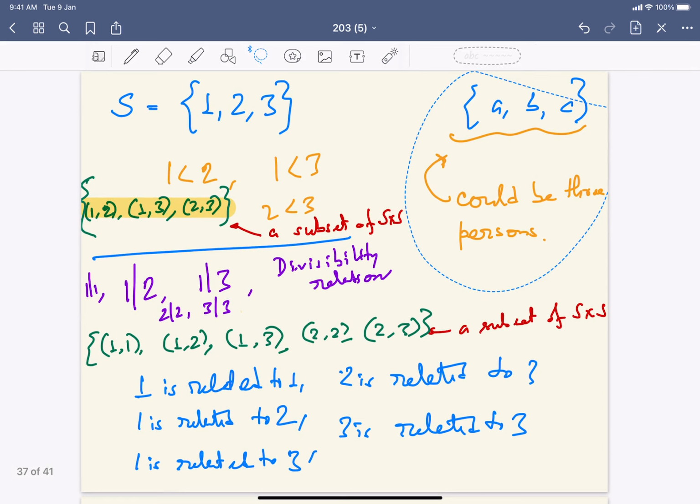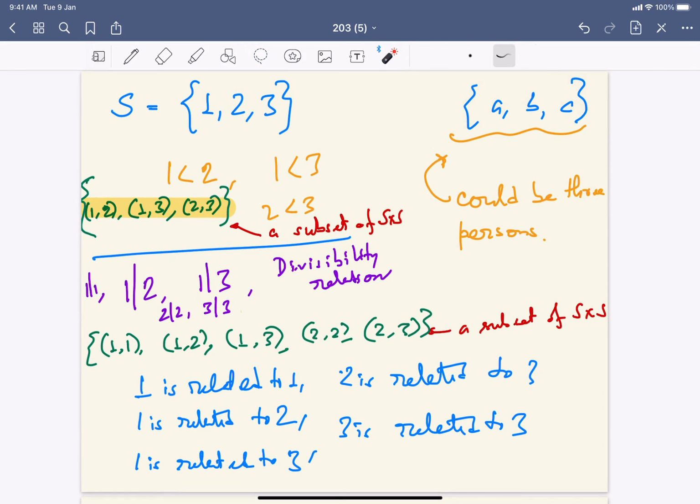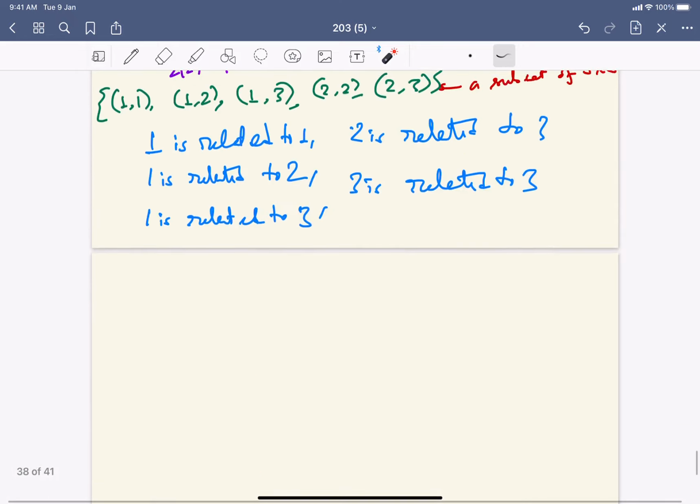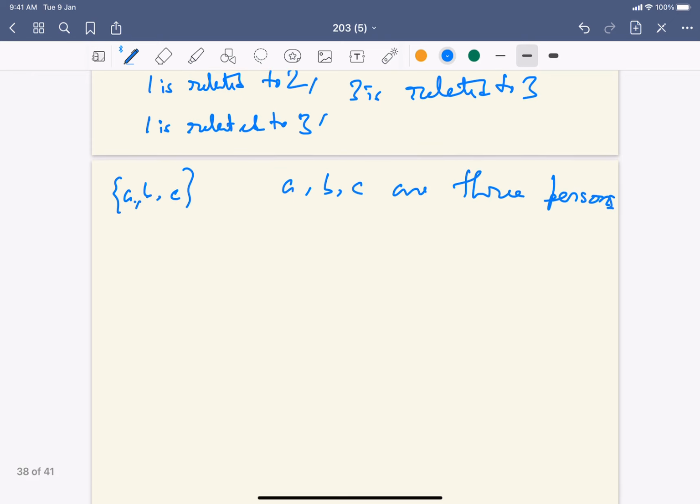And here, as you see, I have taken 3 persons, A, B, C, and formed a set using them. Let me write it once again. So we have this set {A, B, C}, where A, B, C are 3 persons, and we may try to introduce a relation between them.